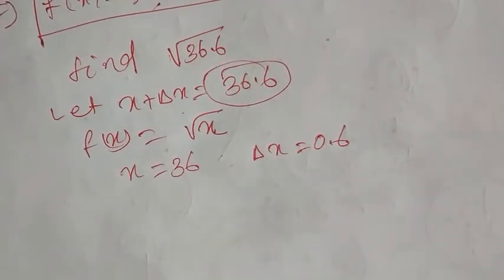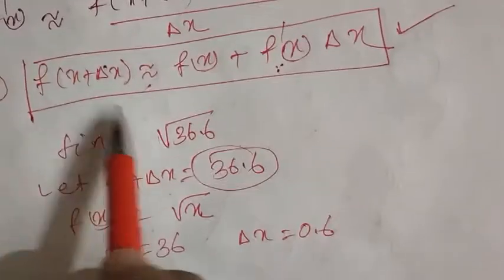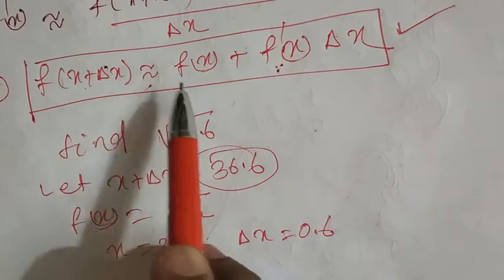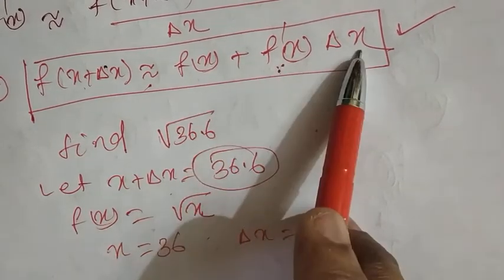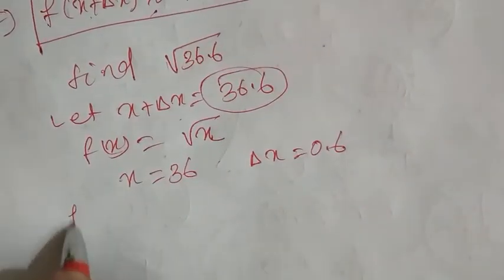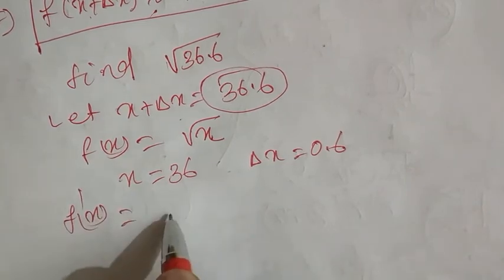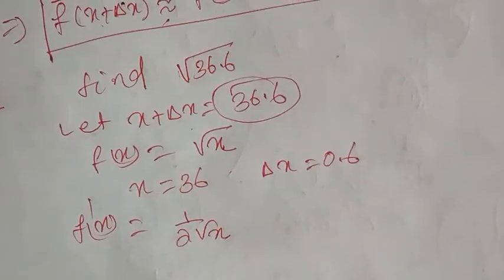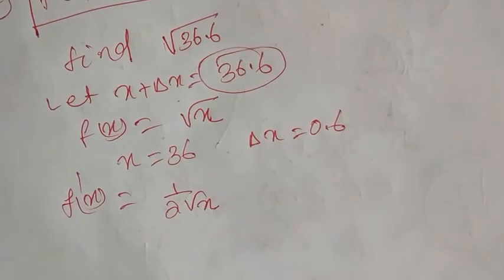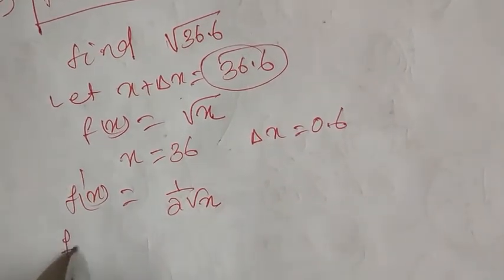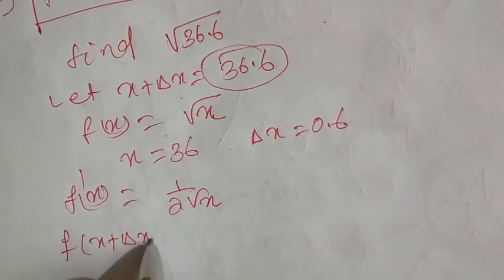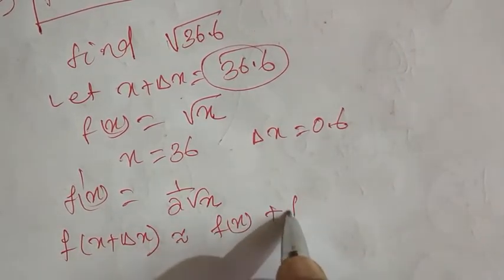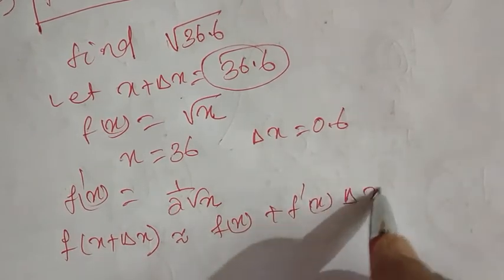Now we know f of x plus delta x, that means root 36.6, is f x plus f dash x delta x. I need f dash x. What is f dash x? It is 1 by 2 root x. Now we know the formula: f of x plus delta x is approximately equal to f x plus f dash x delta x.